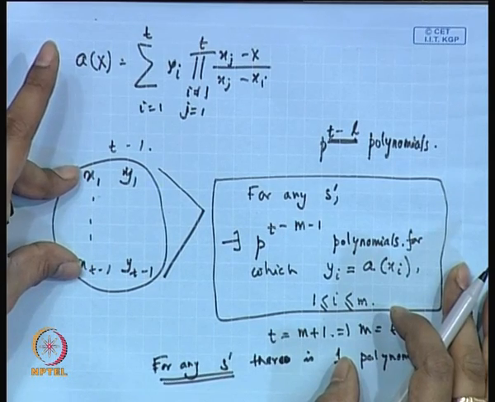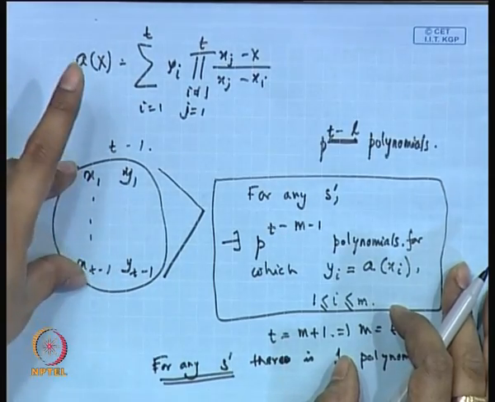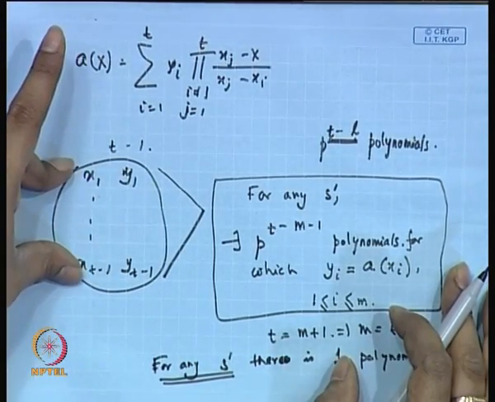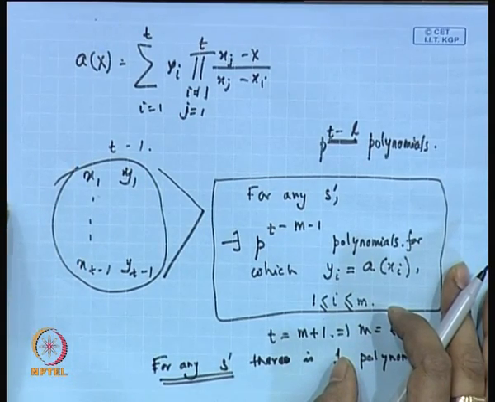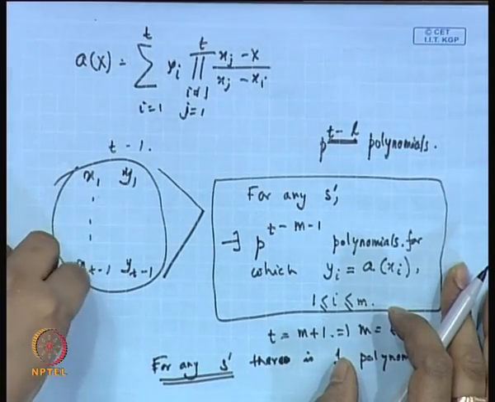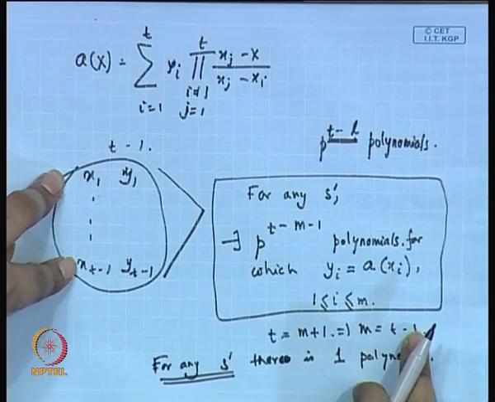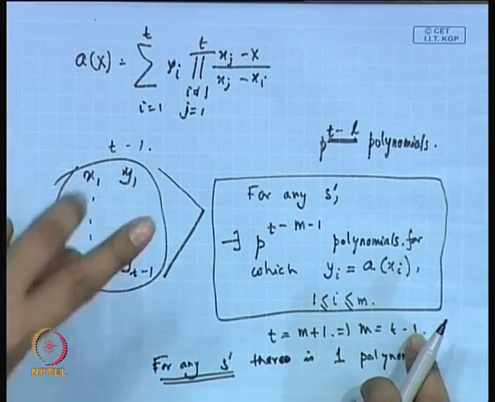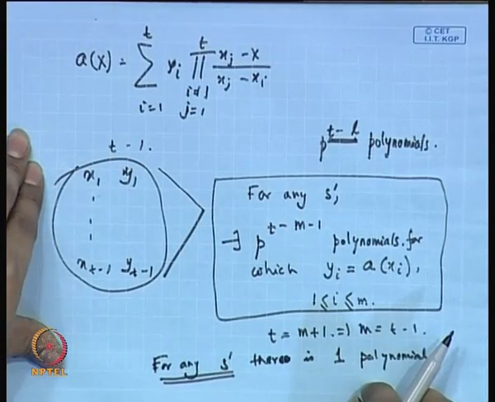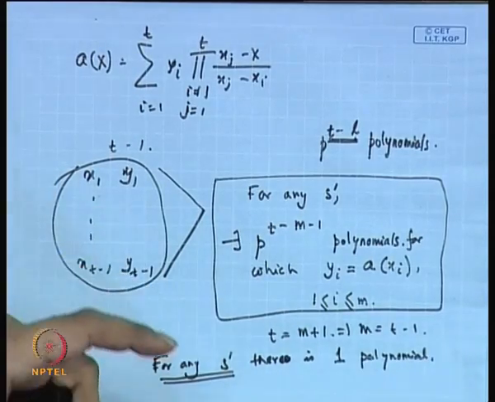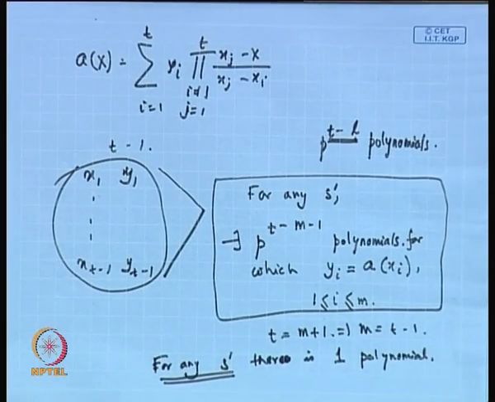So, this is not revealing any information whatsoever about the actual secret. But if you make the value of m equal to t, then there is only one such polynomial for which this relation holds, and therefore the constant of that is giving you the secret. Okay. So, that is the basic analysis.